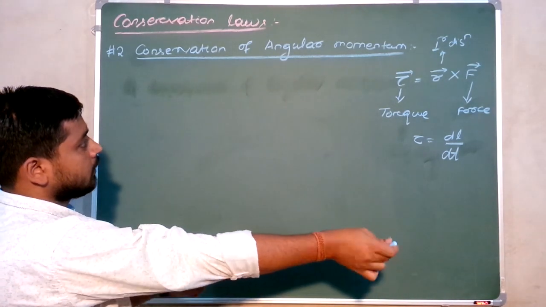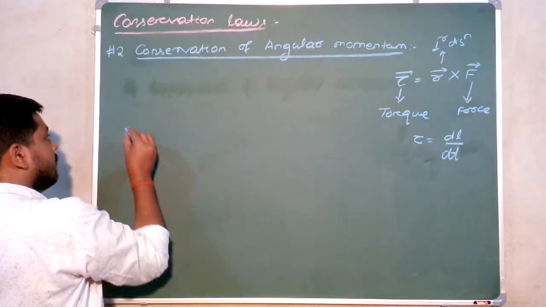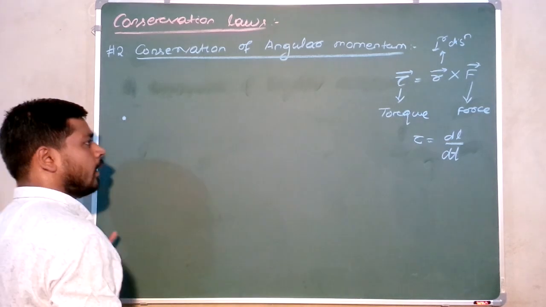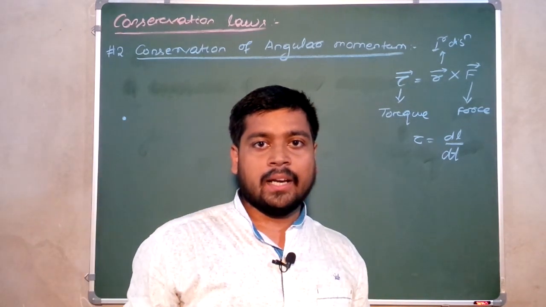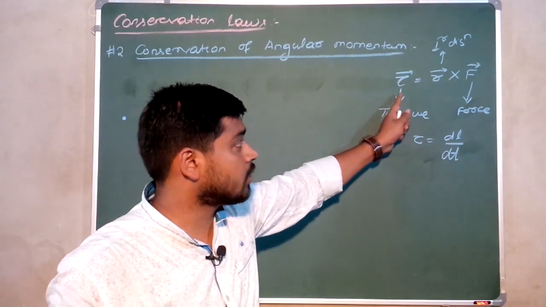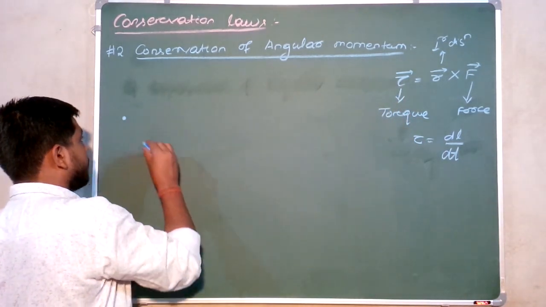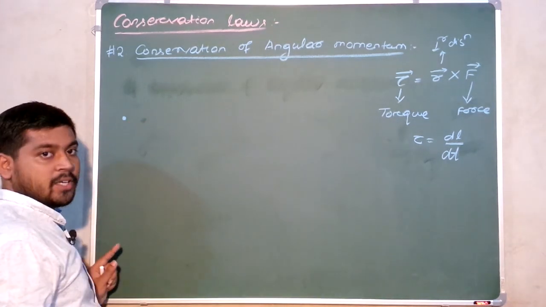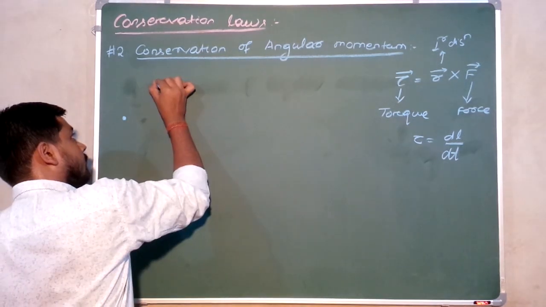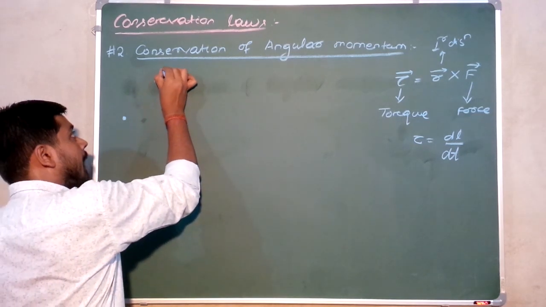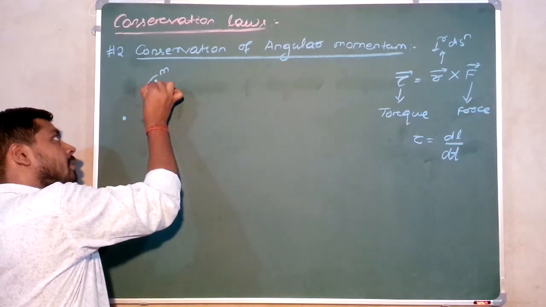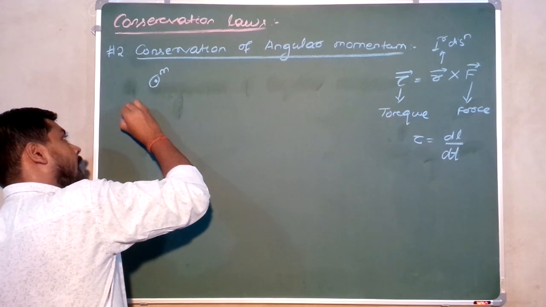First of all, just see the diagram. What is the difference between linear force and angular force? Actually, torque tau is the angular force. Let us see how angular force is created. This is the fixed point. Here is a body having mass m, which is fixed to this point.